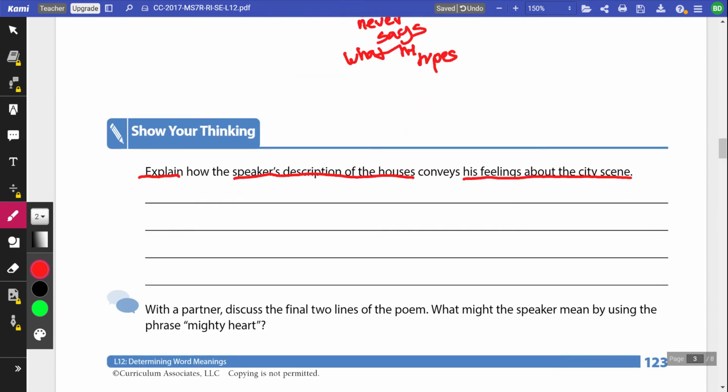So it's talking about how the houses are asleep, and we've got to figure out how that conveys his feelings about the city. And we already know that he feels positively about the city. So he likes the city. So we've already established that.